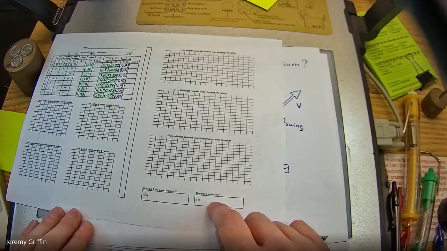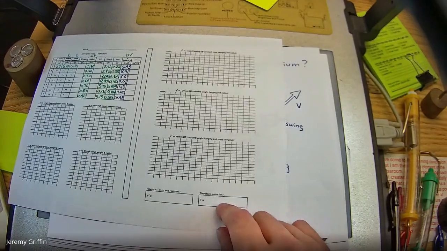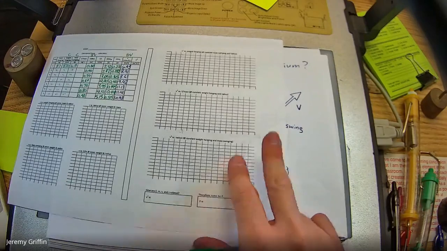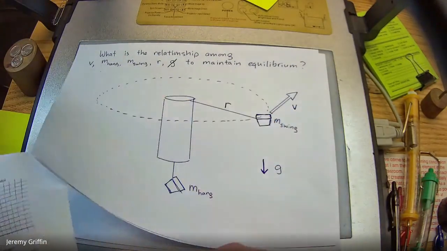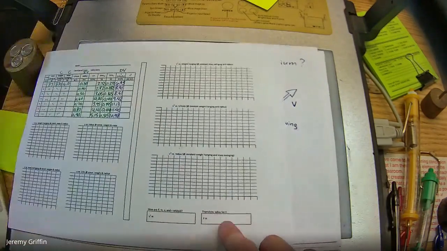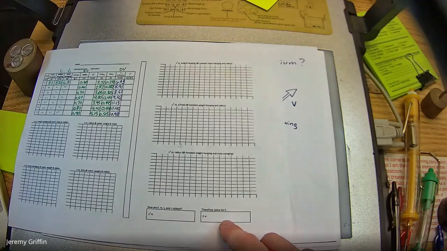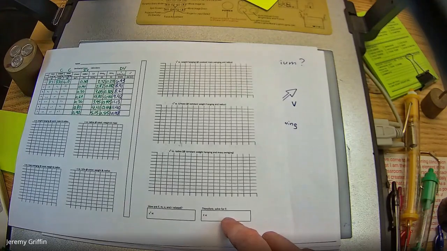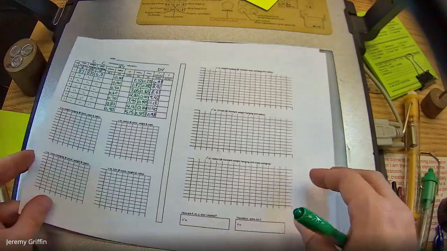And then it says therefore solve for F. So in this lab experiment, what number is representing the force again? The hanging weight, right? The one that's hanging is providing the force to keep this guy in orbit. How does that relate to the other variables? You guys know what the solution is going to be, right? Because you just applied it to solve for the orbitals to get Mars. It's like mv squared over r. But let's see if we can get to that empirically going through all these graphs.